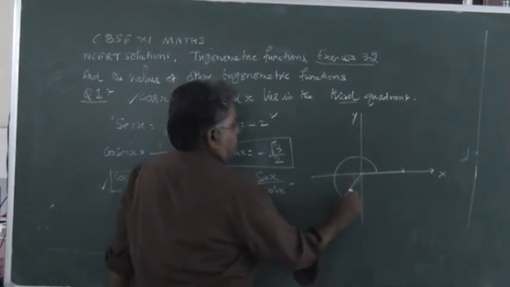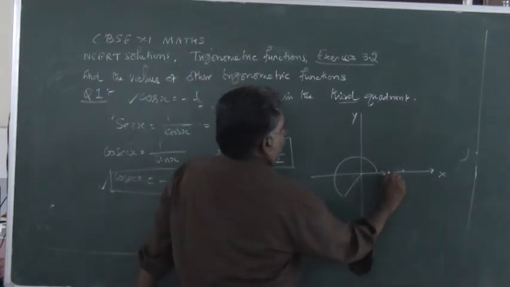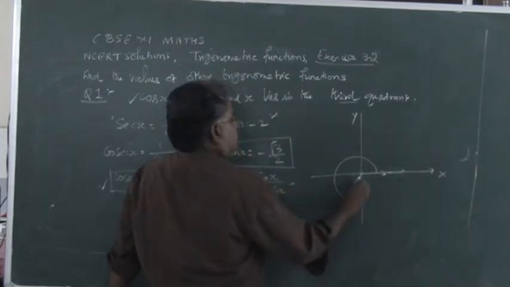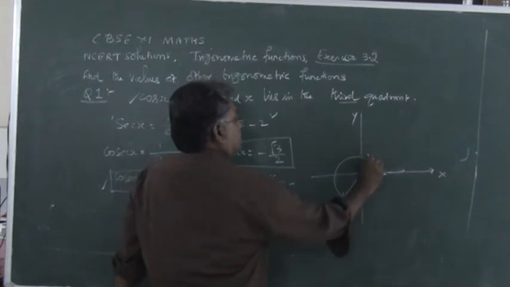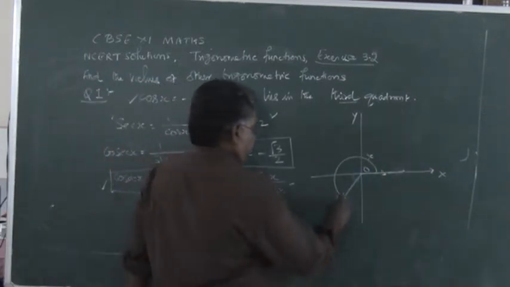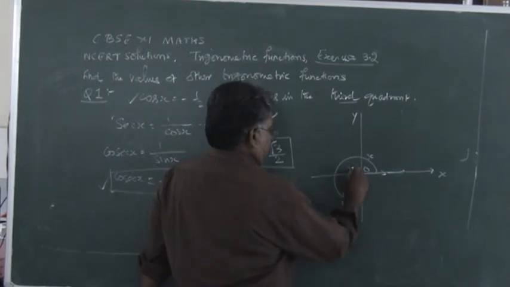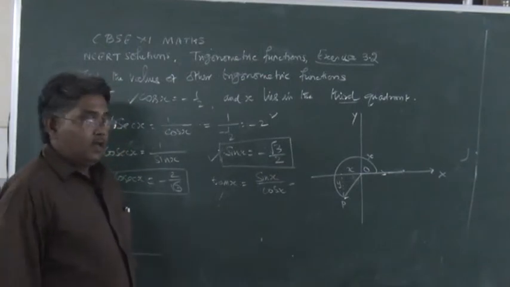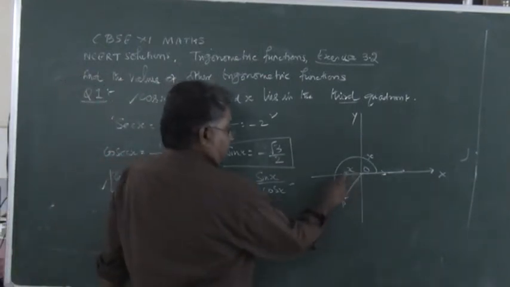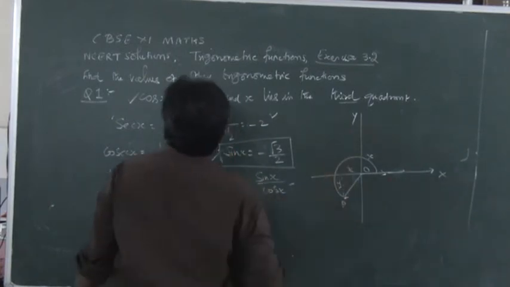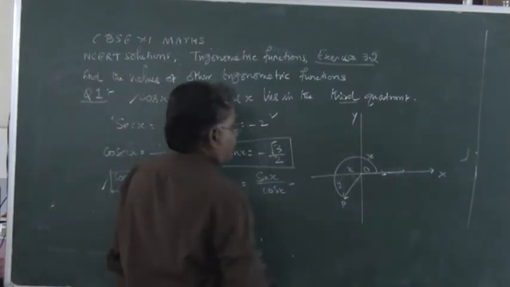So the point is here. O. This angle is x. And if you draw perpendicular, this is x, this is y. But you have to consider it as negative. X should be in the negative x direction. It's given cos x is minus half.